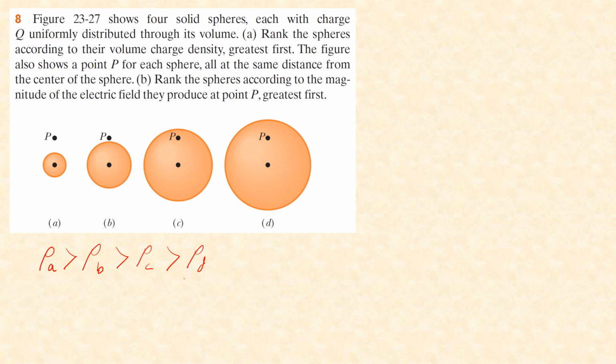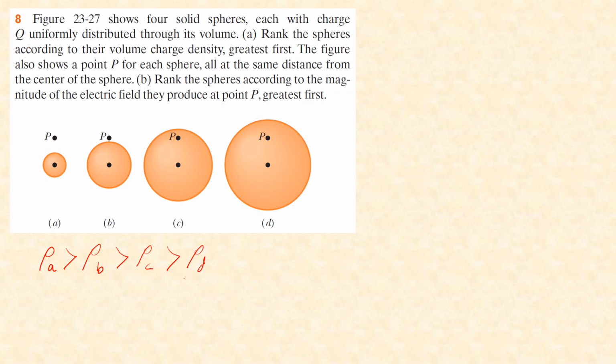We call them EA, EB, EC, and ED. EA and EB are the same. Very good. Because they're the same charge, and if it's a circle, we could assume that all of the charge is at one point.